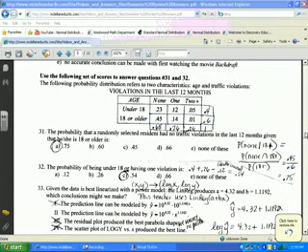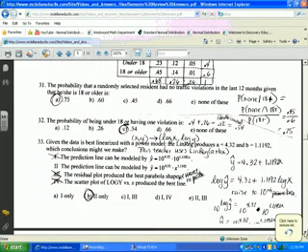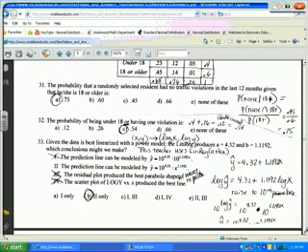And then 32 is saying the probability of being under 18 or having one violation. So probability of being under 18 plus the probability of one violation, but you have to take away the double counted.